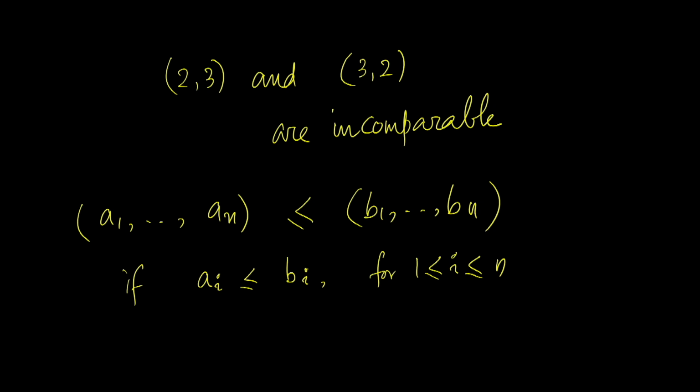That is when we say that the ordered N-tuple A1 through An precedes the ordered N-tuple B1 through Bn. So this is a straightforward generalization of the earlier ordering that we saw for ordered pairs.